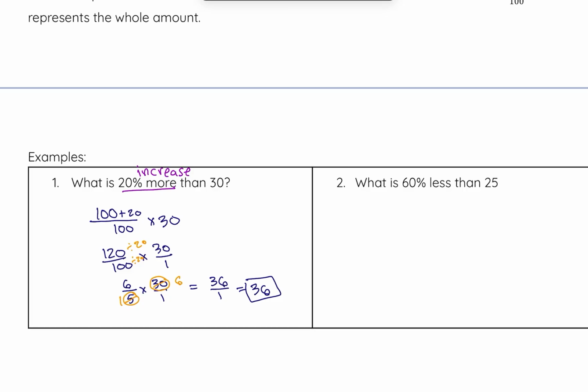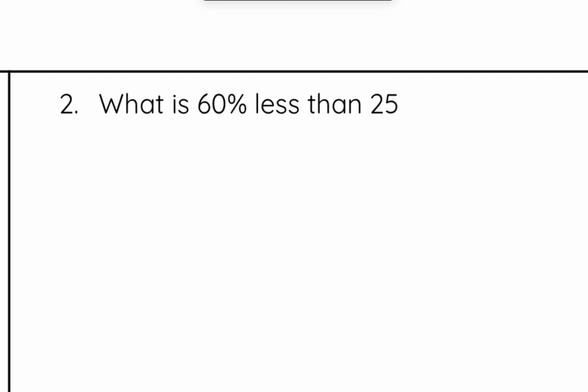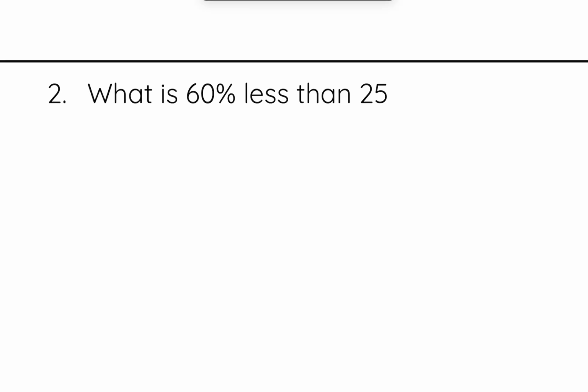Let's look at one more example of this. We want to find 60% less than 25. The keyword less is indicating that this is a decrease, which means that it is going to be subtracted from 100 in the numerator.